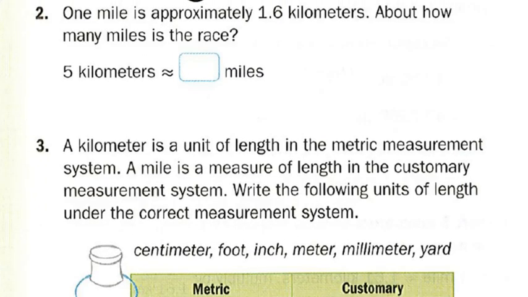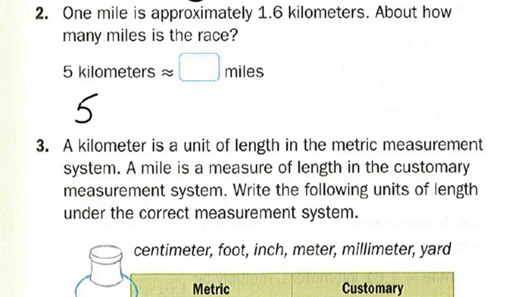But what if we want to know how far that is in miles? All right, well, we know that 1 mile is approximately 1.6 kilometers. So how many miles is the race? So essentially we're saying, well, in 5, how many groups of 1.6 do we have? So in order to do that, we want to divide, because dividing breaks something up into a number of groups.